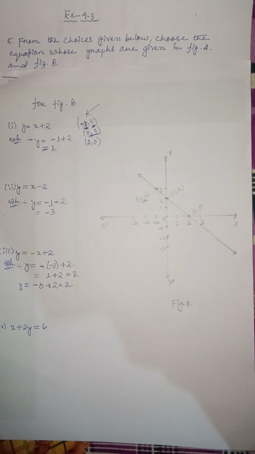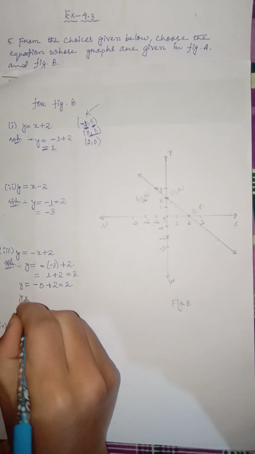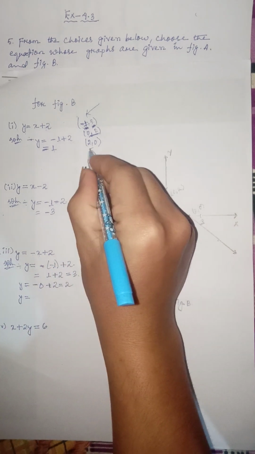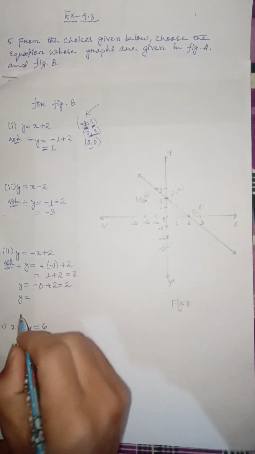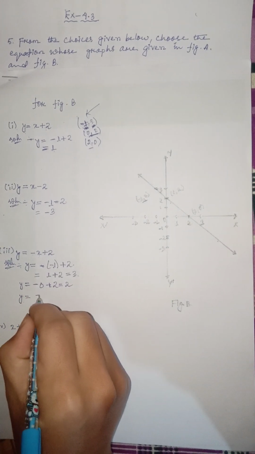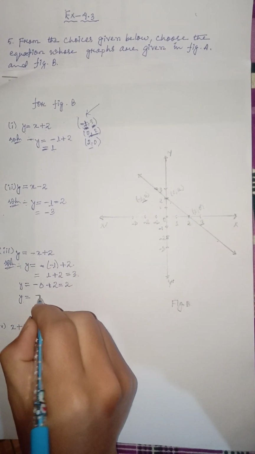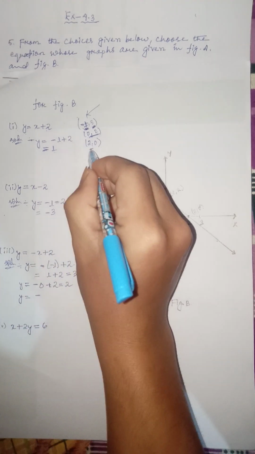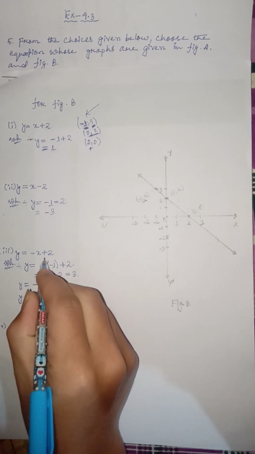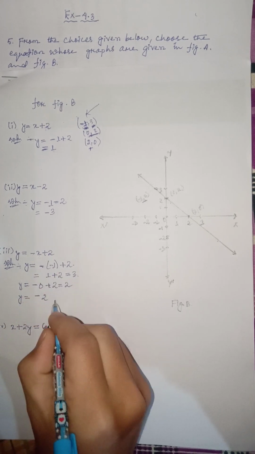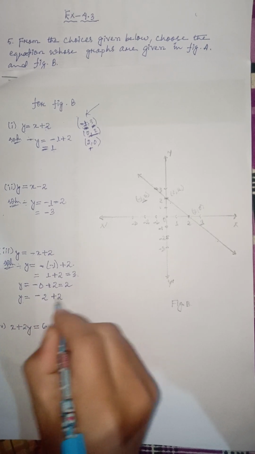Now let us move to the last one, which is 2, 0. Whenever the value of x is 2, let us check what will be the value of y. Actually, here we have minus, let us write it, and the value of x that we are about to take in this is 2. And what do I have in this? It is plus 2.